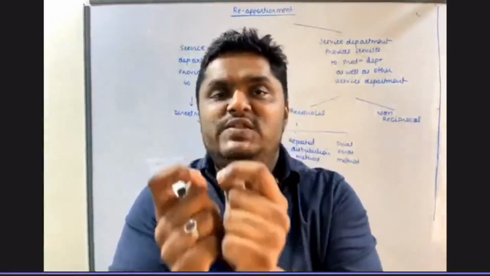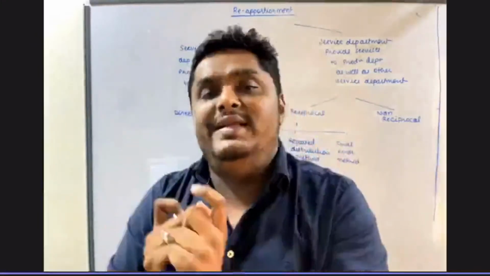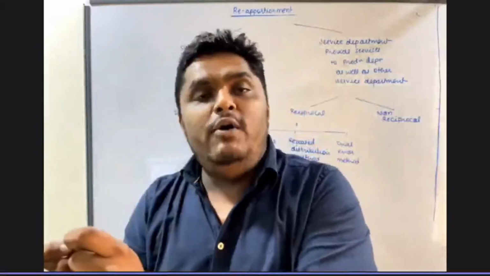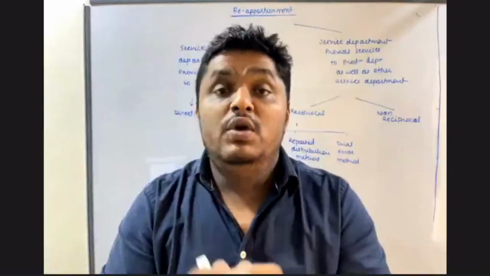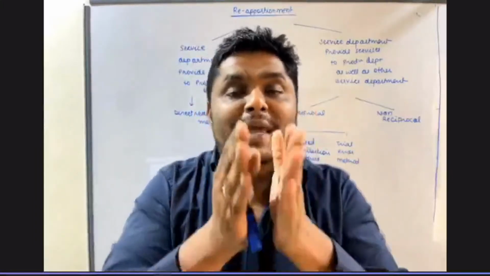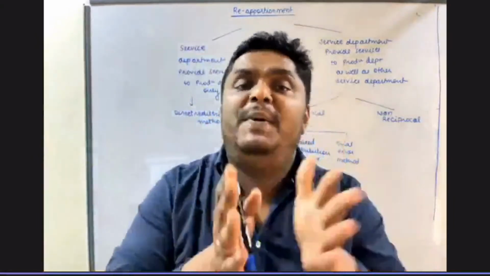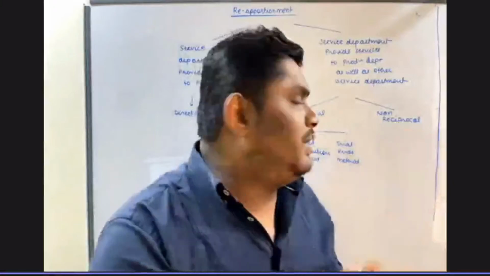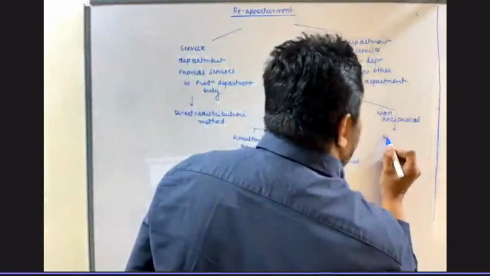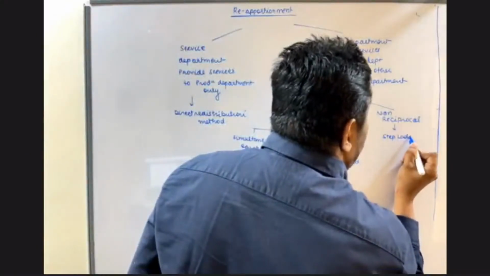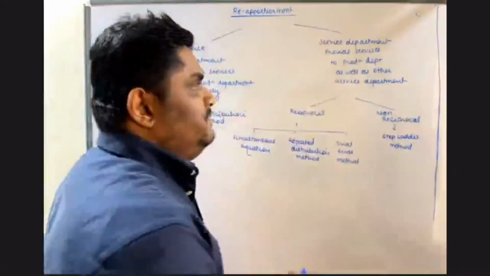S2 is providing services only to P1 and P2. So that is non-reciprocal method. Meaning S1 is providing service to S2, but S2 is providing service only to the production departments. So that is non-reciprocal. Now herein we will be using step ladder method to distribute the overheads of service department.